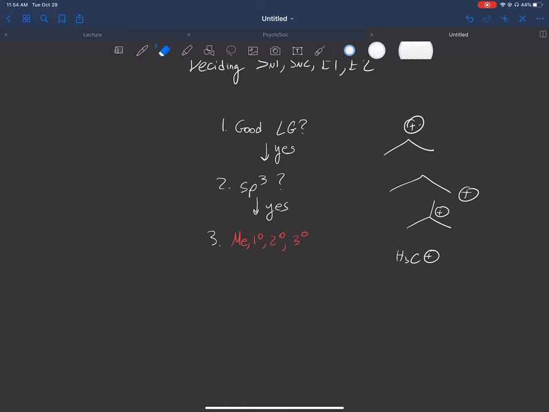So if I change this carbocation to Br, that's a secondary alkyl bromide, primary alkyl bromide, tertiary alkyl bromide, and now a methyl alkyl bromide, right? And so that's how we talk about primary, secondary, tertiary, methyl.